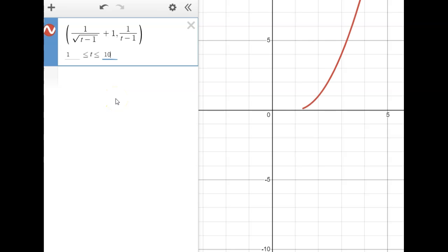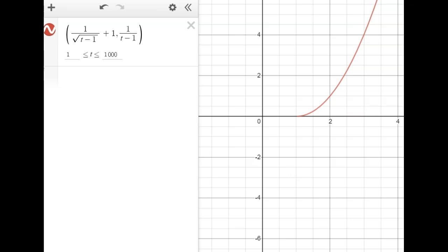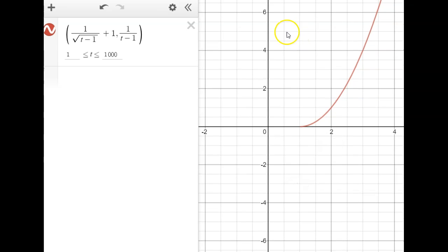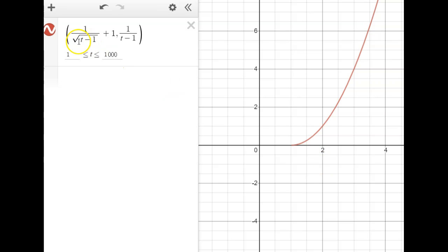The closer and closer we go out, this thing is making its way towards 1, 0. And you can see that if you plug in a big number here, we get the square root of a big number. 1 divided by a big number is 0. 0 plus 1 would be 1. And then over here, we would do the same thing.